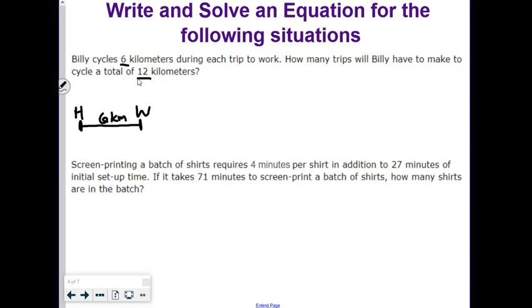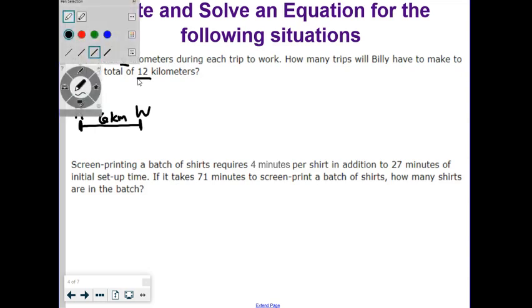So every time is 6. And if you do it a bunch of times, you would multiply 6 by however many trips you're making. Okay. And that is the unknown that we're trying to figure out, right? How many trips? That's the question.